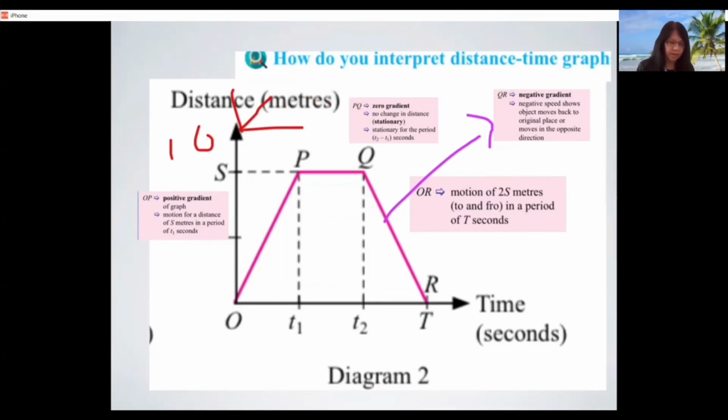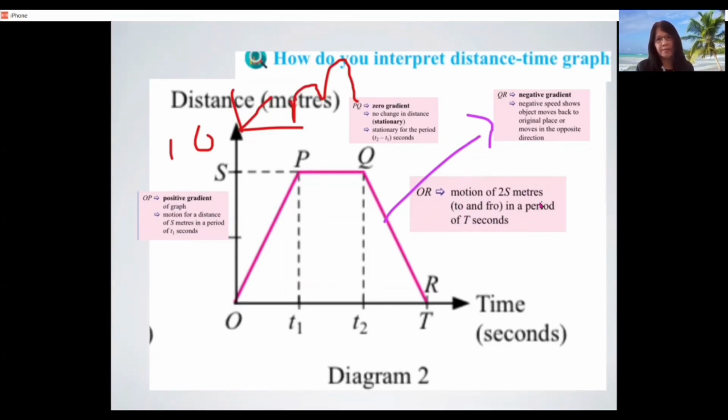So the total distance is 10 plus 10, that is 2 times 10, 20. The time is still the same, T. So the motion is 2 times S meter, to and fro, meaning coming back, in a period of T seconds.